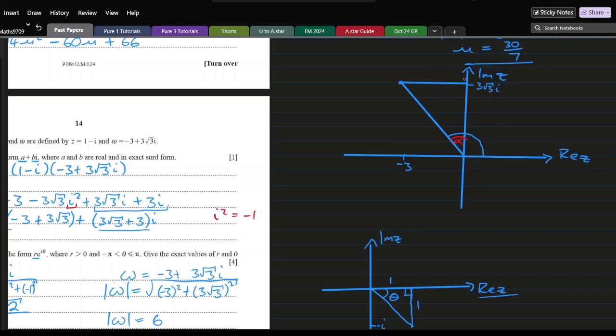We know that this distance must be equal to 3, and the height is 3 root 3. This is a right-angled triangle, so alpha must be equal to arctan of the opposite over the adjacent, so arctan of 3 over 3 root 3.